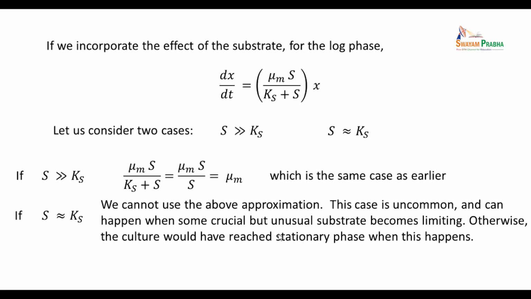Otherwise, the culture would have reached stationary phase when this actually happens. In the batch, you typically make sure that you have enough substrate. But there are situations when this can arise, and this also has great relevance in the continuous bioreactor analysis. So let us start looking at it here where it has some application, and then picking it up for the continuous case becomes a little easier also.